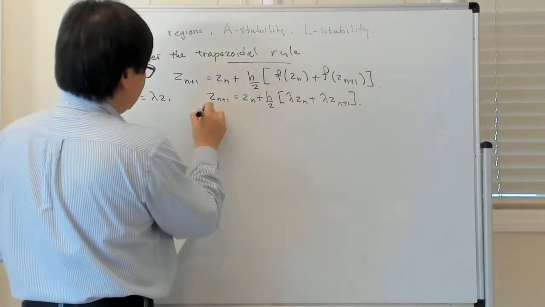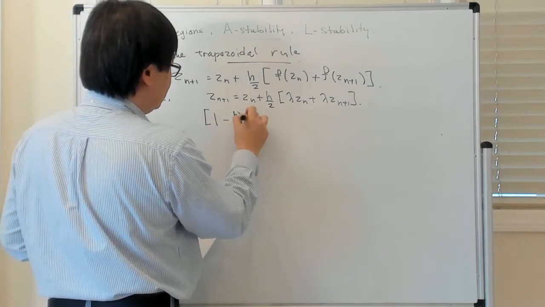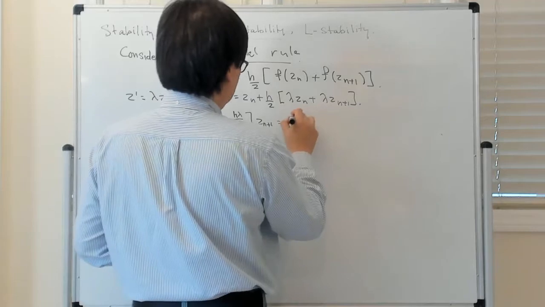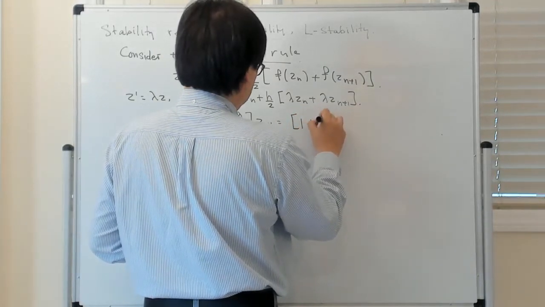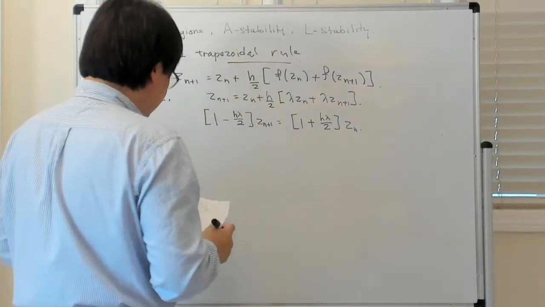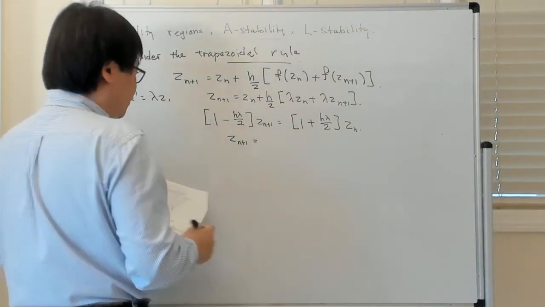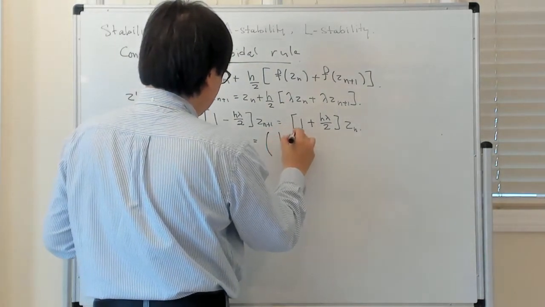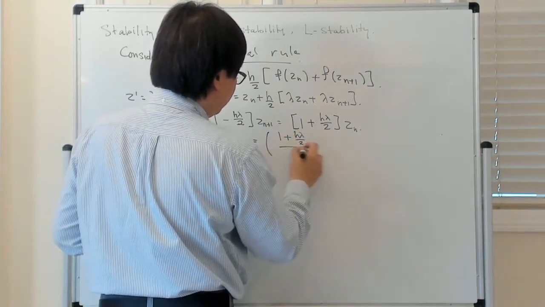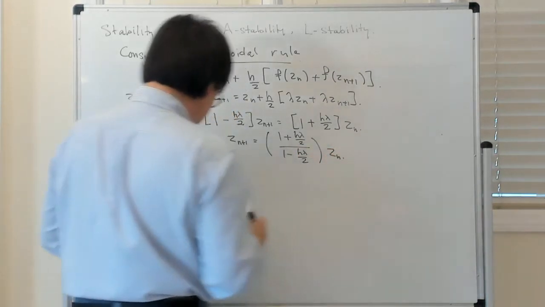Okay, so this gives me 1 minus h lambda over 2 multiplied into Zn plus 1 is equal to 1 plus h lambda over 2 applied to Zn. So another way of saying this is that Zn plus 1 has the following amplification, right? So it's 1 plus h lambda over 2 over 1 minus h lambda over 2 multiplied into Zn.